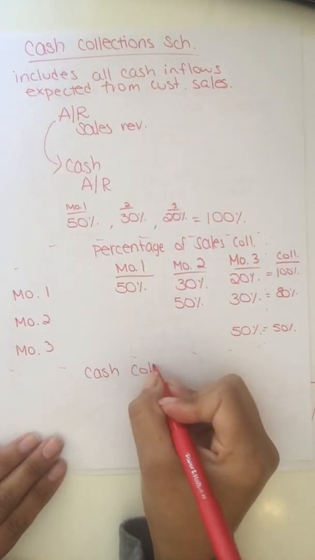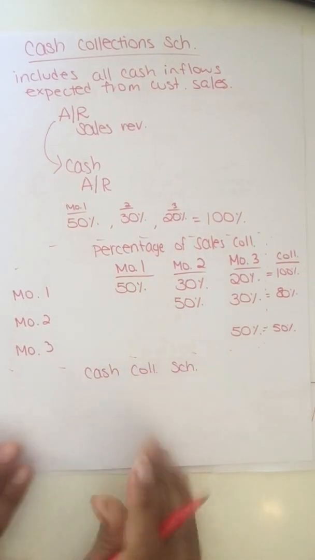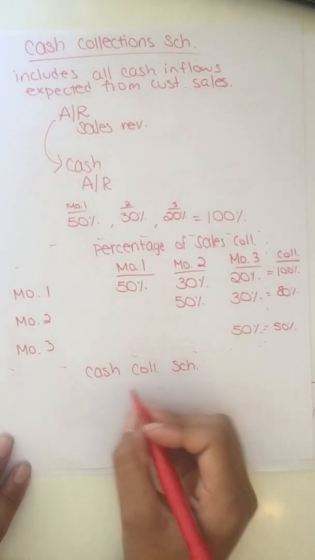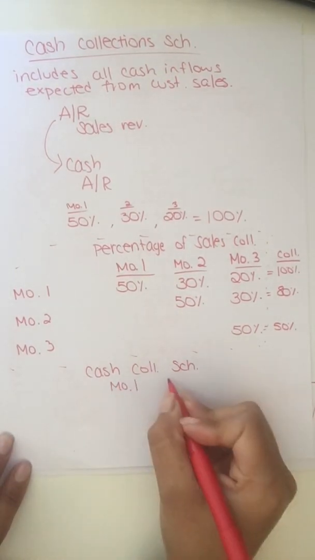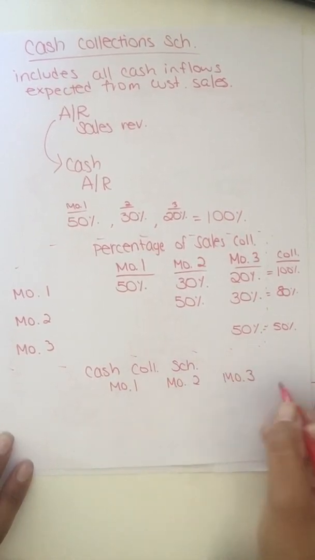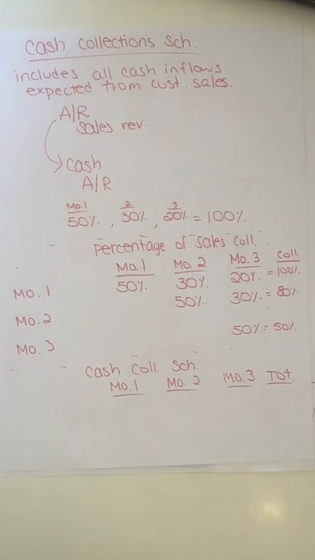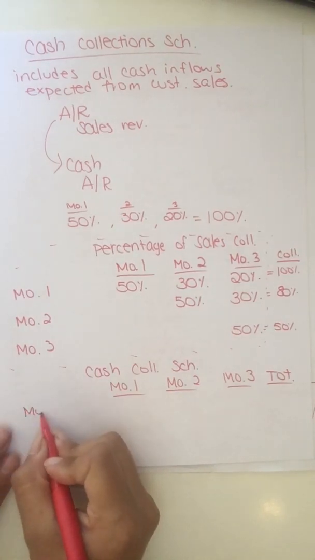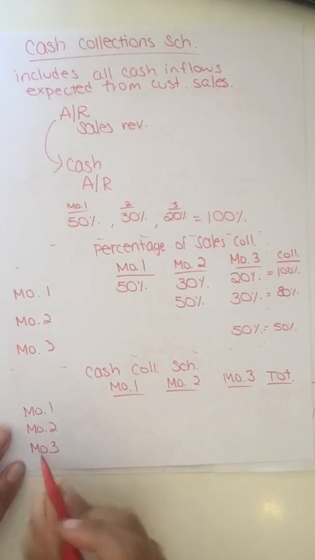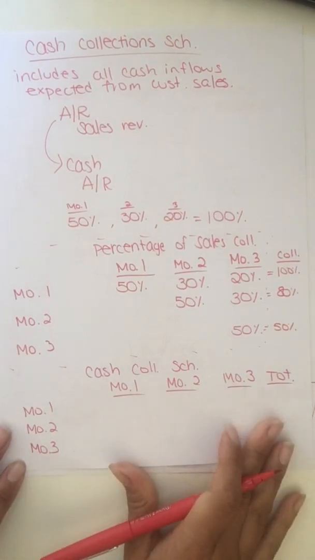In the cash collections schedule, we'll need the actual dollar amounts. The setup will be the same: month 1, month 2, month 3, maybe a total for the quarter. We'll do it nicer when we go through the example in a minute, but just so you can get an idea. I'm assuming here that it's a brand new company.